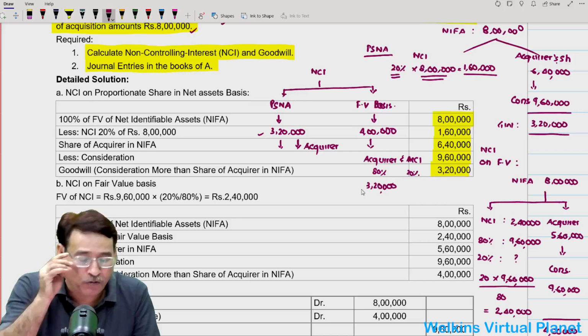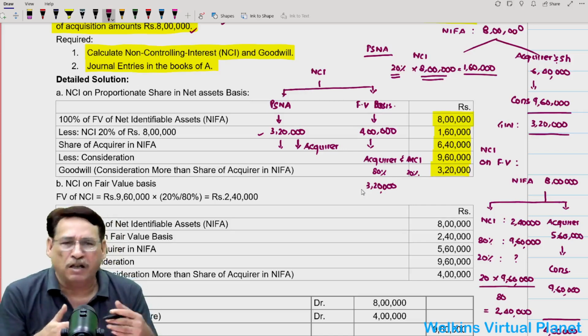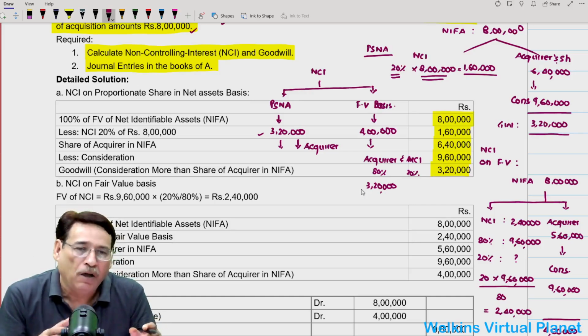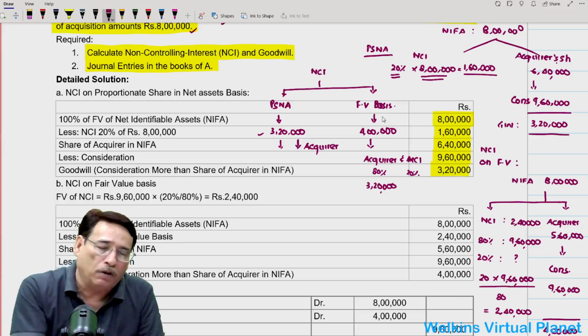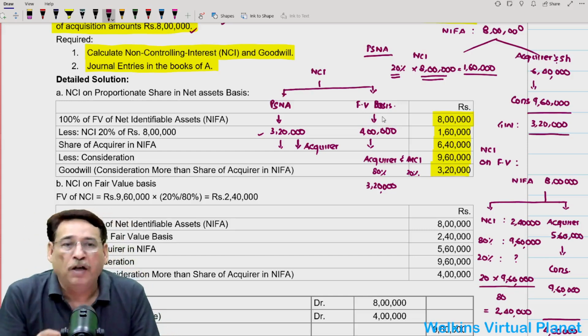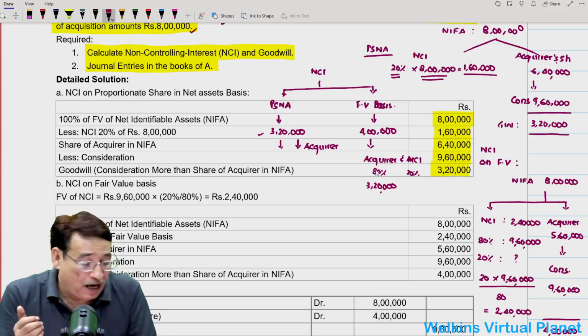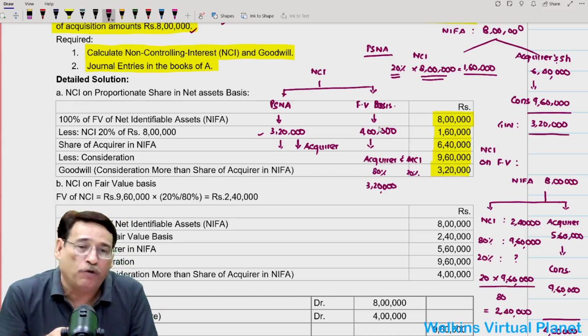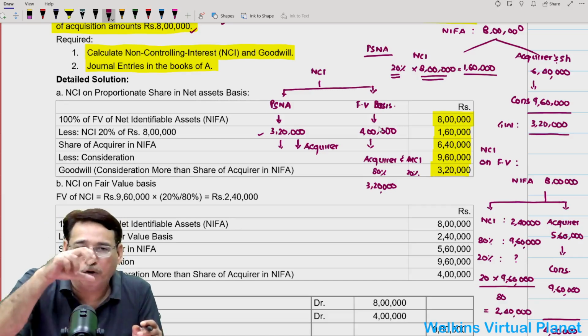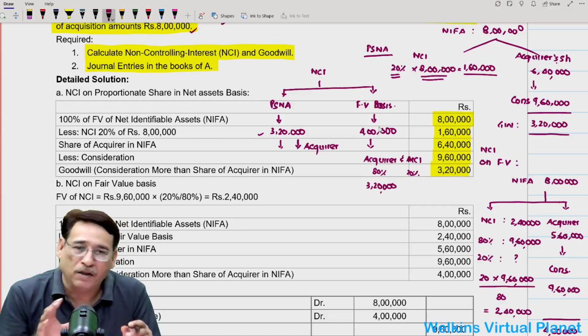So it is not going to make a big difference, but it is the choice of the company whether they want to reflect NCI at fair value. If we have represented NCI at fair value, both NCI and goodwill will appear in the consolidated balance sheet. But in that case, I will know that in whatever goodwill appears in the balance sheet, there are stakes of both NCI and the acquirer company. Is it clear to you?